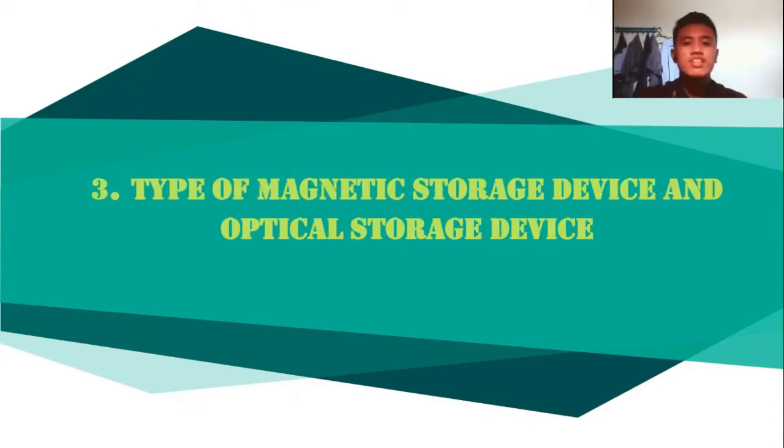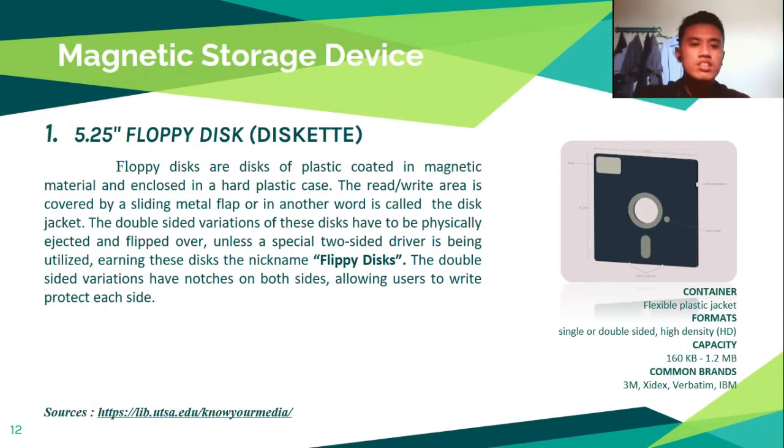Okay, thank you. The next topic is types of magnetic storage device and optical storage device. The first, floppy disk or diskette. Floppy disks are disks of plastic coated in magnetic material and enclosed in a hard plastic case. The read or write area is covered by a sliding metal flap, in other words called the disc jacket.